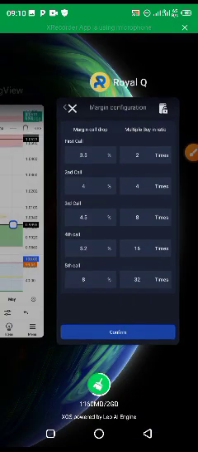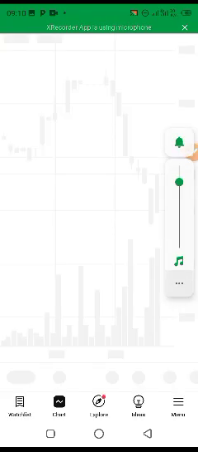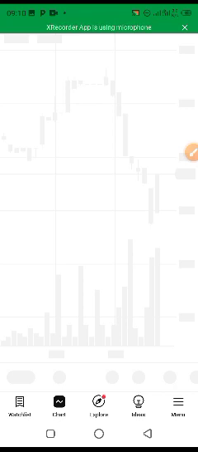Now we go back to our chart, and we measure the drop. Let's measure the drop. It's a bit slower.